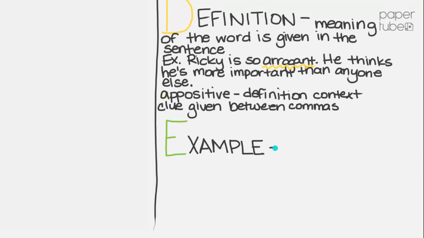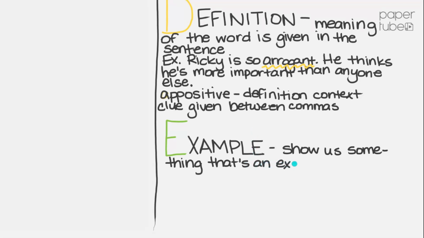Sometimes the author's good enough to give us an example of someone who's being whatever the word is that we're not sure of. So they show us something that's an example of the word.